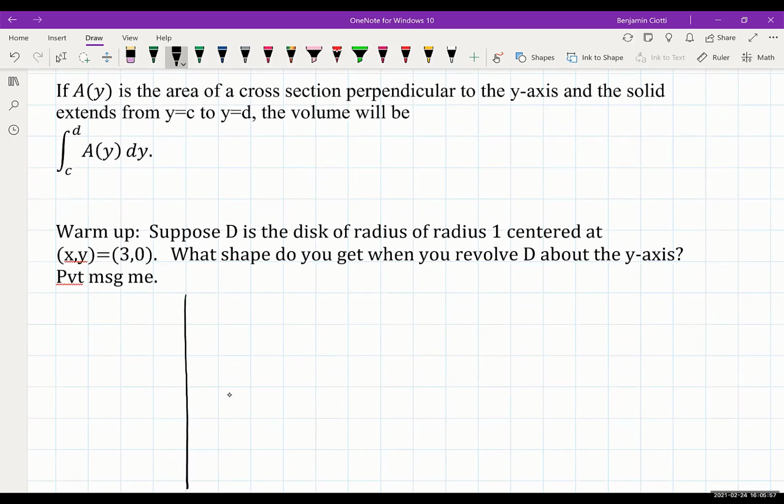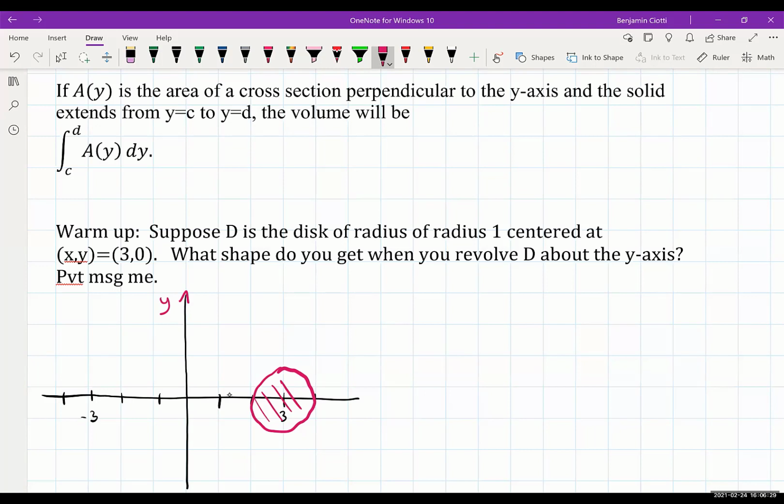So, there's 3. All right, so it's a disk of radius 1 centered at 3, 0. What do you get when you revolve this region around the y-axis? Y-axis, as usual, points straight up.